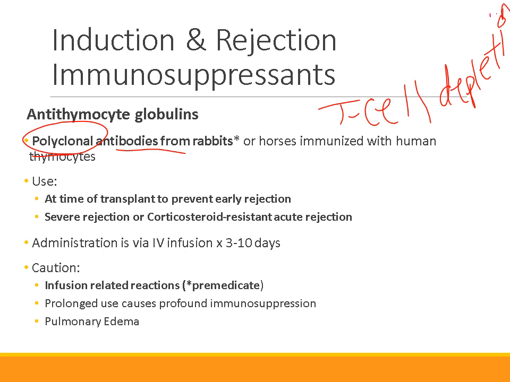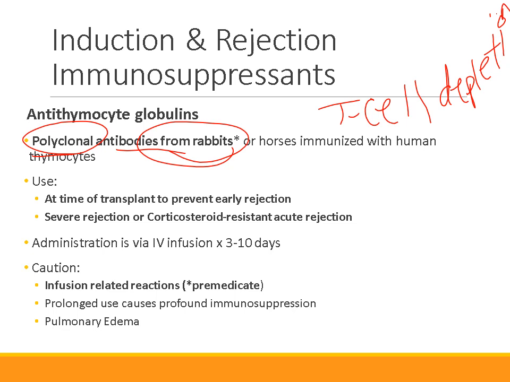So any T cells that are present or would be activated or produced will be attacked. Notice I've bolded and starred rabbits. The rabbit preparations are preferred because they tend to have greater potency and are associated with lower toxicity. So the rabbit anti-thymocyte globulins would be preferred over the horse.